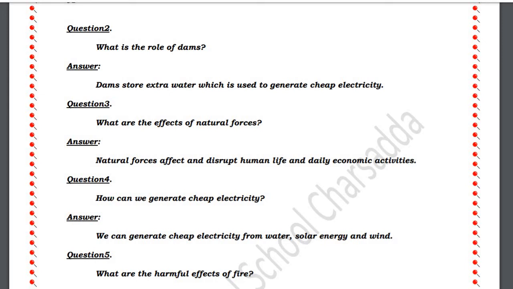Dams store the extra water, and then that water is used to generate cheap electricity. Clear? Then what are the effects of natural forces?